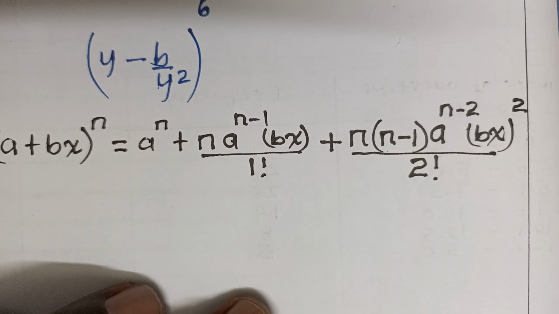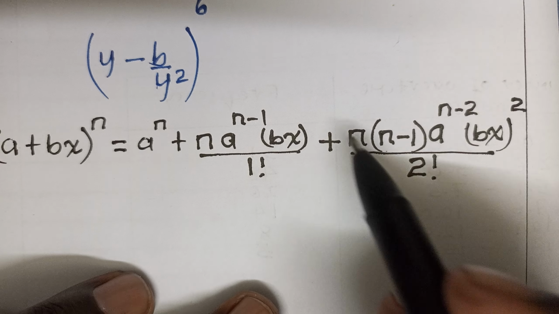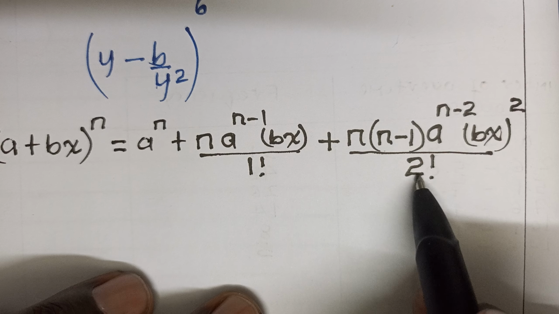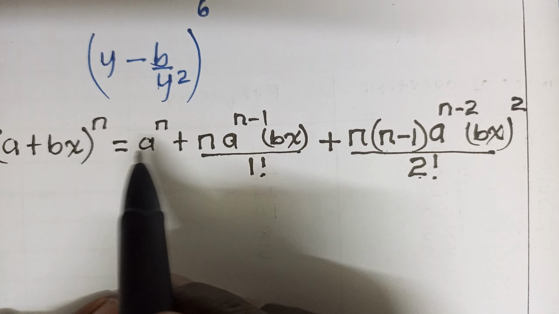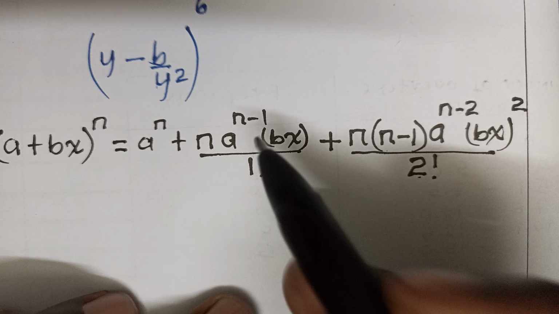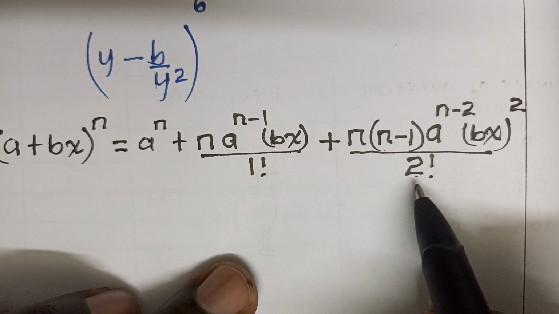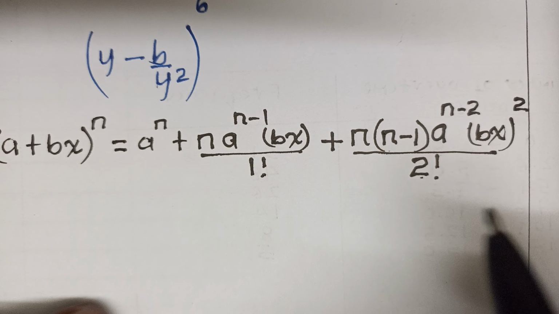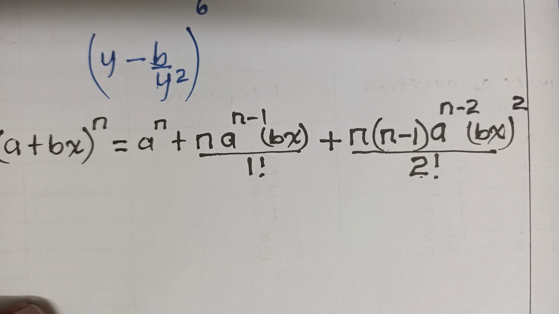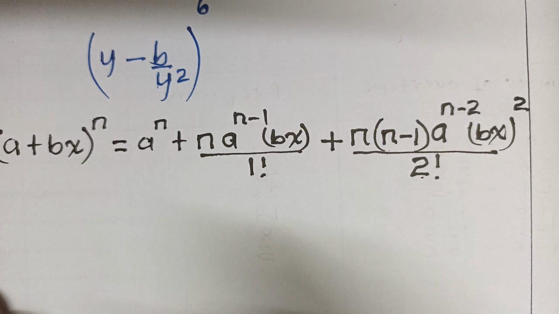I have written this 1 factorial so that we can see that there is that pattern. Starting with 0 factorial, then 1 factorial, 2 factorial, 3 factorial, and like that. And so we now come to our term right here.